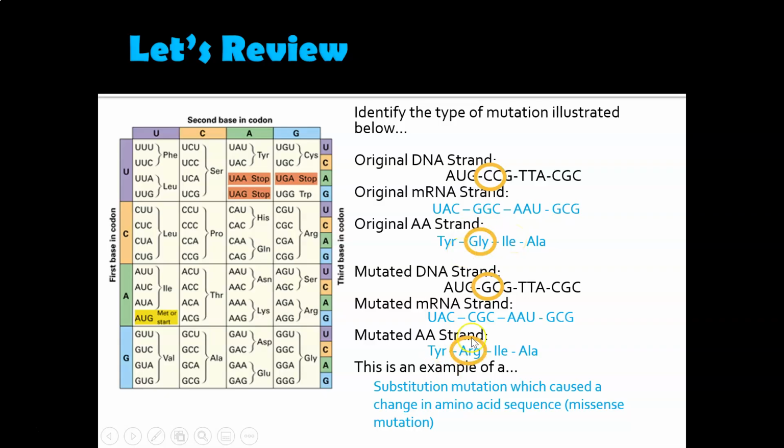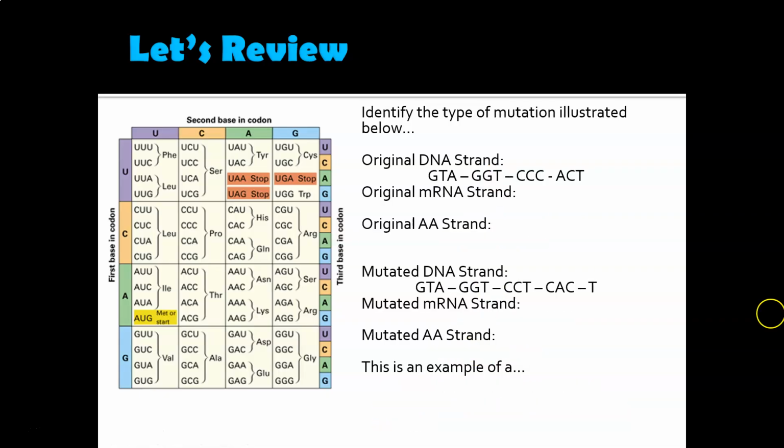As a result, I now have an arginine or an ARG. So a single base got swapped, so that's where that substitution piece comes from. But that swap also results in a change in the amino acid sequence, hence, more specifically, it's a missense mutation.